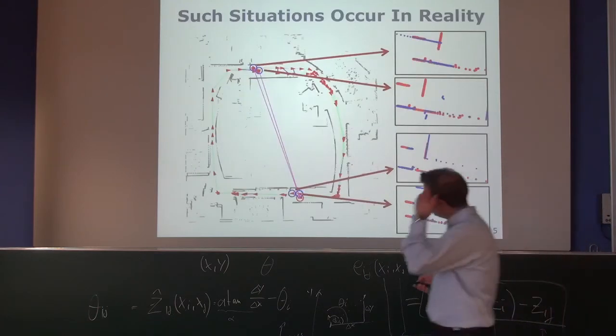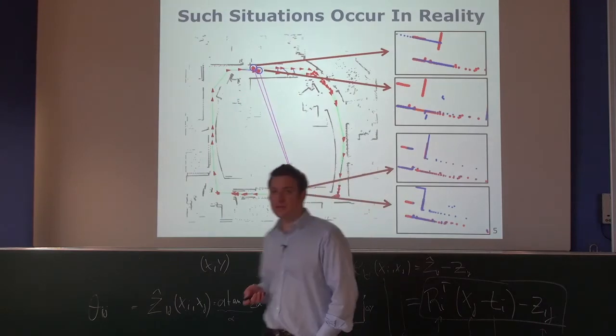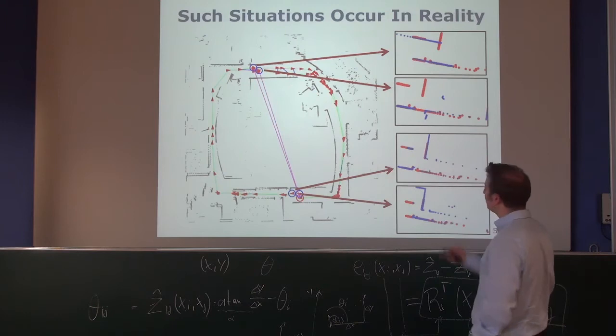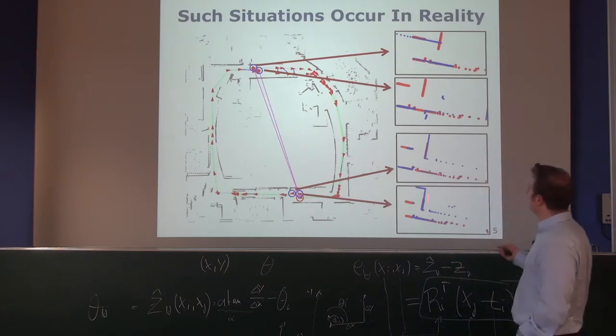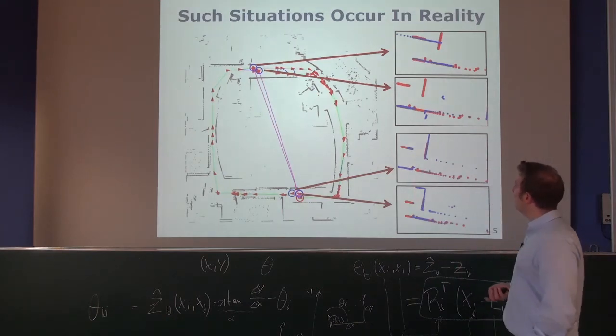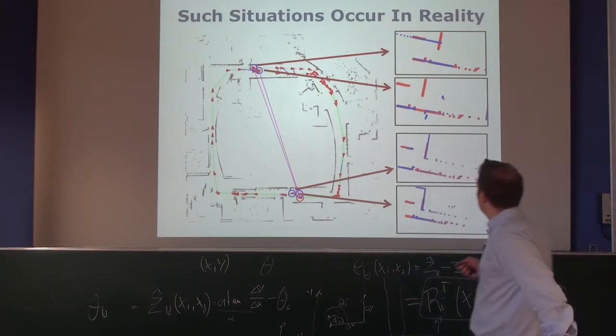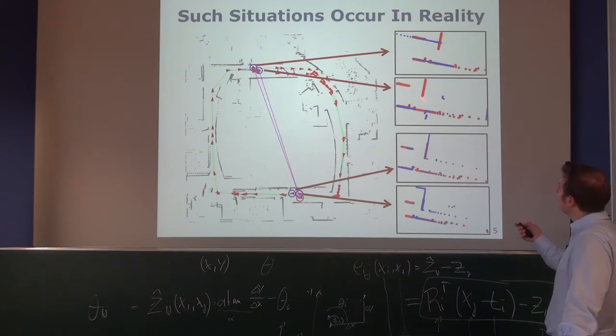There's another real-world example. This is the Intel Research Lab dataset that you have also experienced. If you look at those poses over here and the poses down here, and how those individual structures match, if you just apply, let's say, scan alignment, you may say this may match. Maybe someone has opened a door which was closed before, or here is a door now closed which was open.